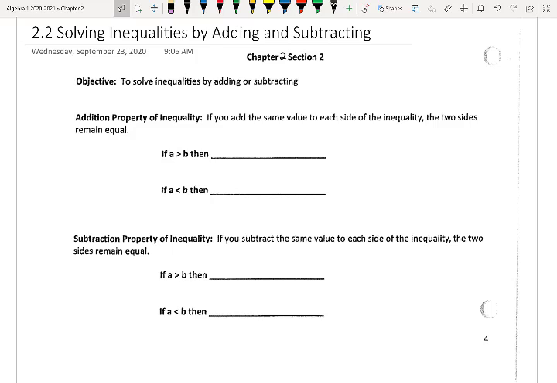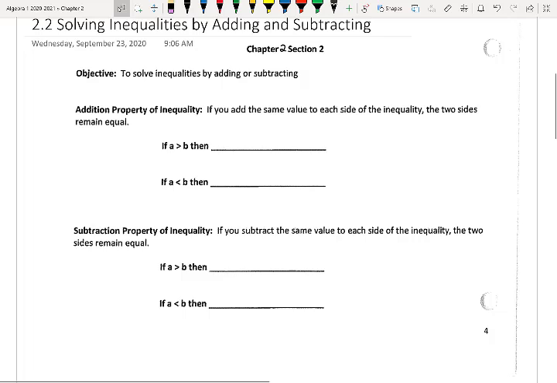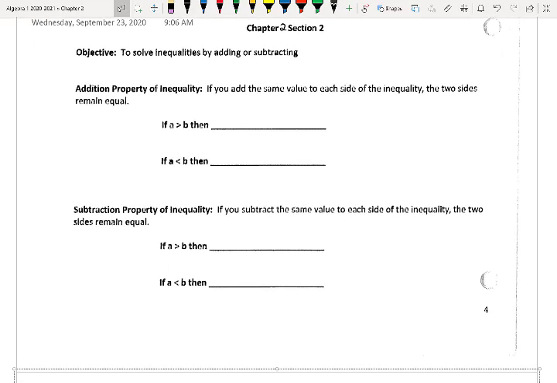So the way that we'll do this, we have two different properties, and this is just kind of a fancy way of explaining the same thing we did in Chapter 1, where we know in an equation, if we added the same thing on both sides of my equation, that equation held true. With an inequality, we still have those same properties. Now, this is a very fancy way of saying this.